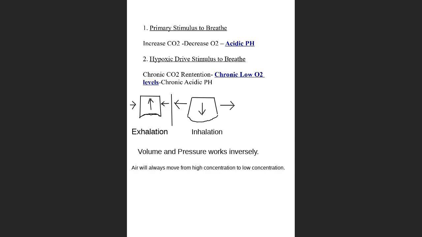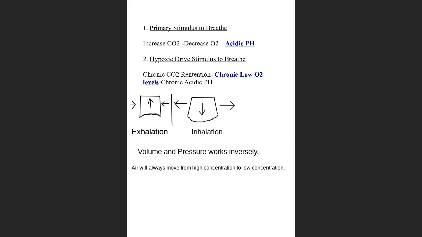Now, because this is a long-term issue, the primary stimulus cannot correct it. So the primary stimulus shuts off and the hypoxic drive is activated, and that patient is stimulated to breathe as a result of low oxygen levels in the blood.